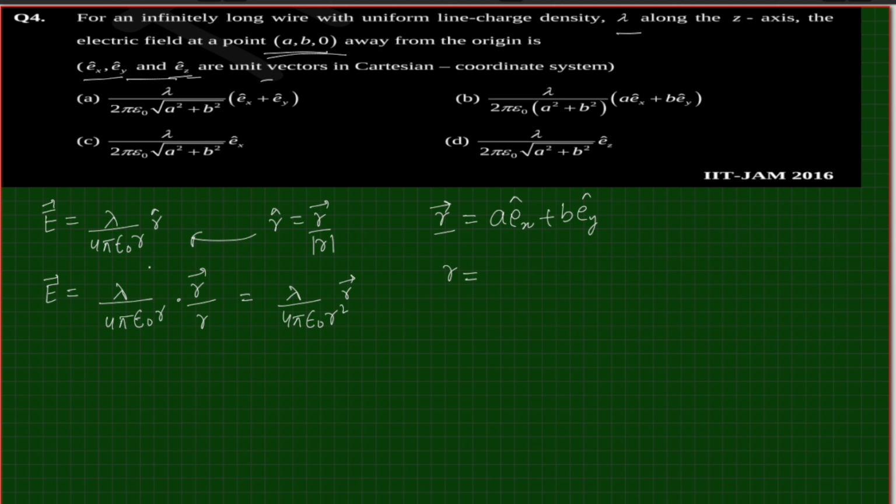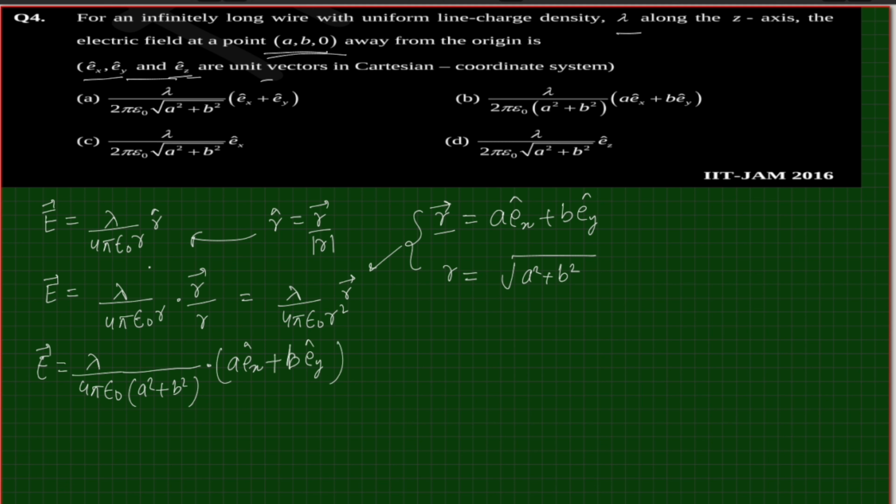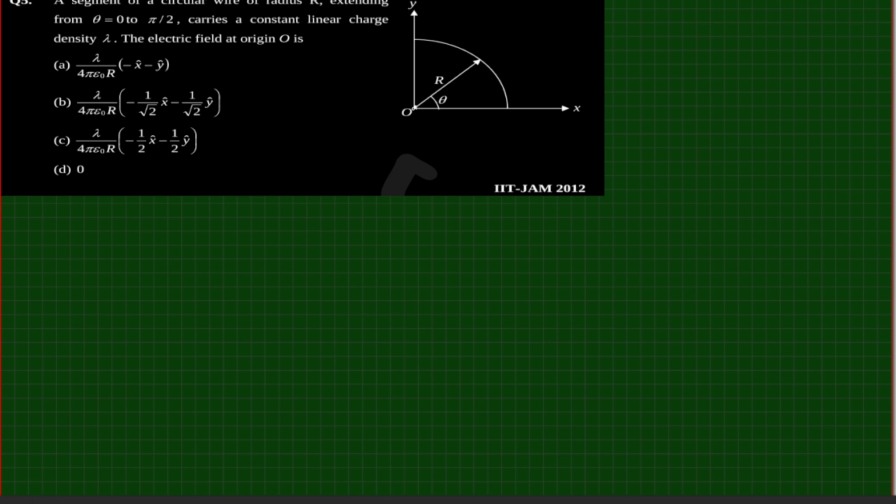What will be r? r will be under root a square plus b square. Put these two values in this formula. So electric field will become lambda over 4 pi epsilon naught (a square plus b square). Root will cancel out because here it is r square, and a ex x cap plus b ey y cap. So B is the right answer.